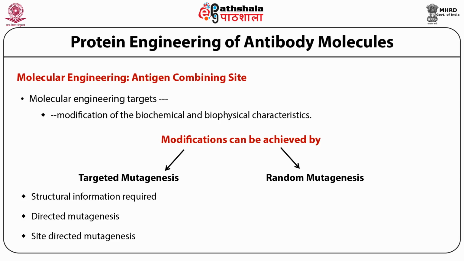On the other hand, if we do not have the structural information required for directed mutagenesis, one can improve the binding activity of an antibody molecule by employing random mutagenesis, for example by error-prone PCR. The mutants can be generated in the form of a library, which can further be screened for the highest affinity binder using stringent screening methods.